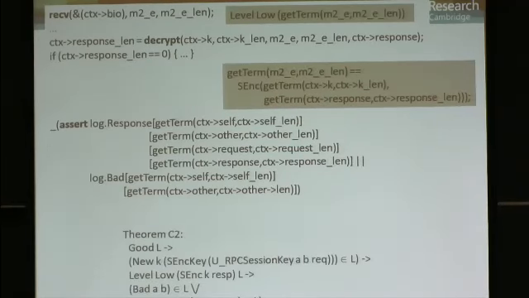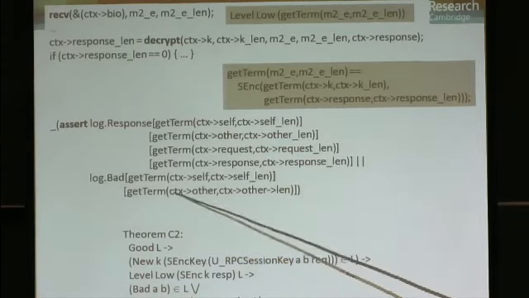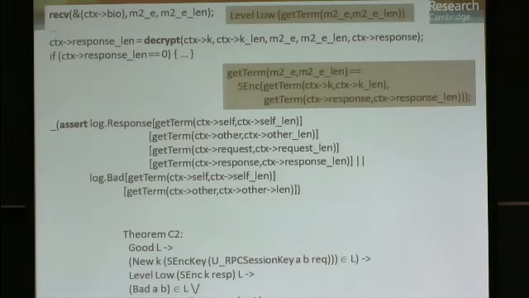Then we appeal to theorem C2, which says that if you have a low ciphertext, then either the key's gone wrong or the response is good. This becomes an axiom to VCC, and it uses that to prove this. This is just the same thing written out in VCC notation. So voila, we complete that part of the proof.